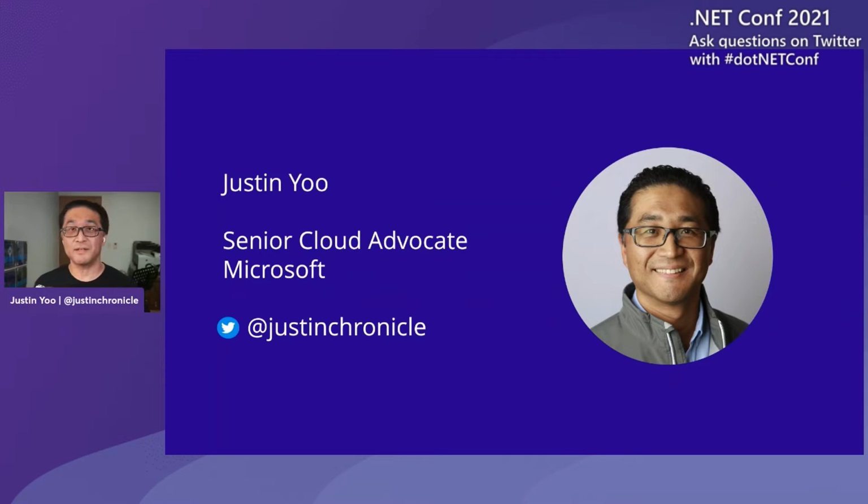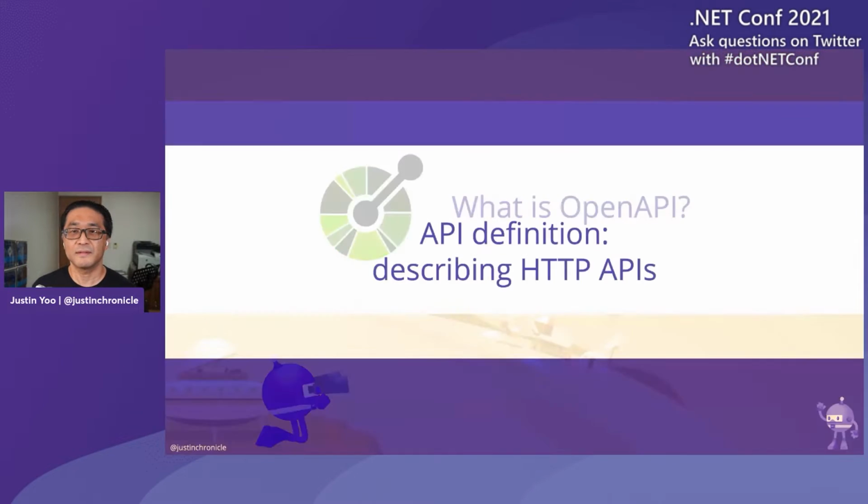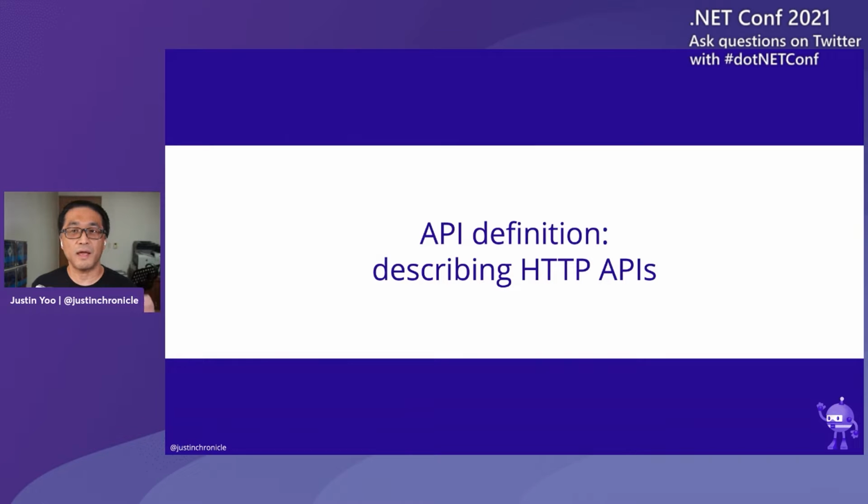I'm really excited about sharing this new feature with all of you. First of all, I need to briefly recap what OpenAPI is. It's a definition of API, specifically describing HTTP APIs or web APIs.